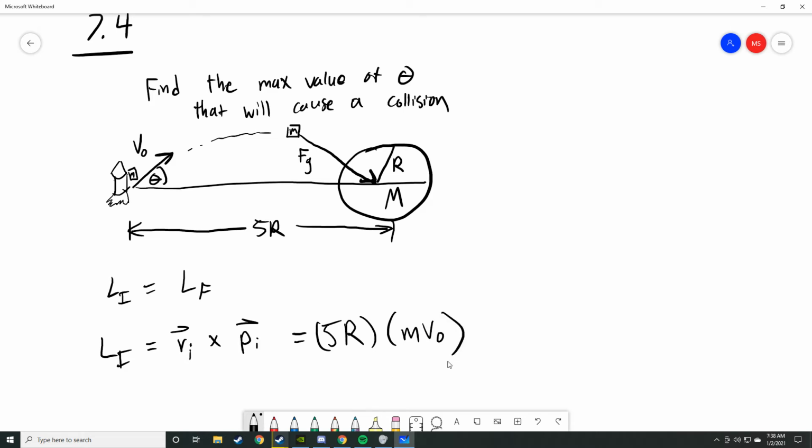That's the definition of linear momentum, mass times velocity. And then we have to find the angle between them, sine theta. But look at how the diagram's drawn. The diagram already has this theta set up in a pretty nice place for us. Theta is actually going to be the angle between this radial vector here and this vector coming out here. So it's already going to be the angle between them.